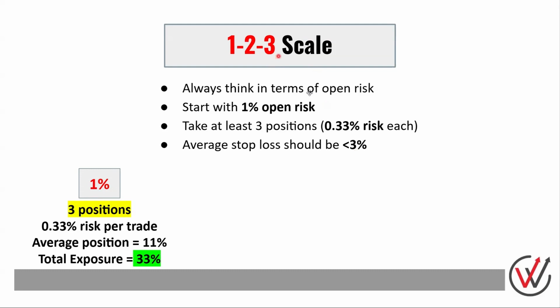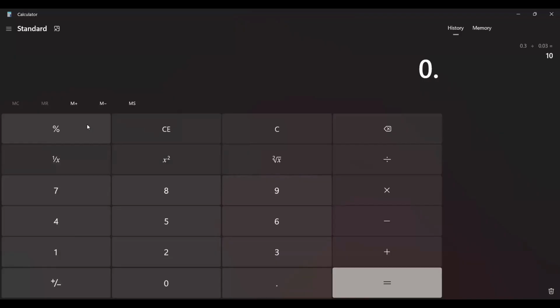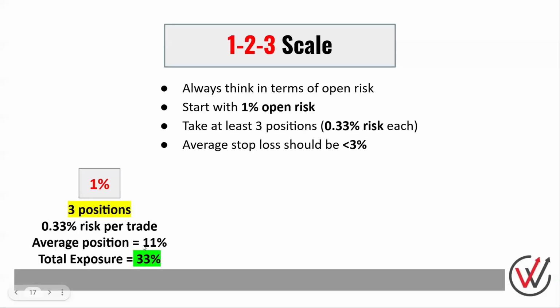But still, I'll do the math and show you on the calculator as well. 0.33 risk, you divide it, press on divide by 3, press on percentage and enter. So 11% of capital, 11% position size, you are allocating on one single trade. How amazing is that? Even though you're starting out and your risk per trade is only 0.33%.